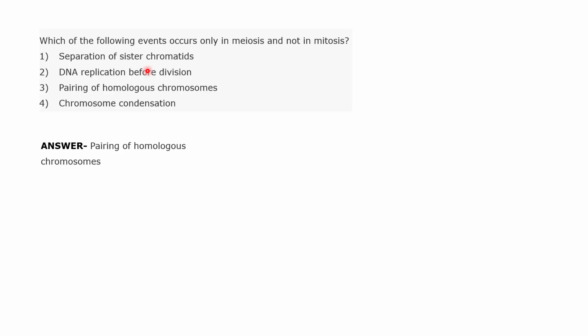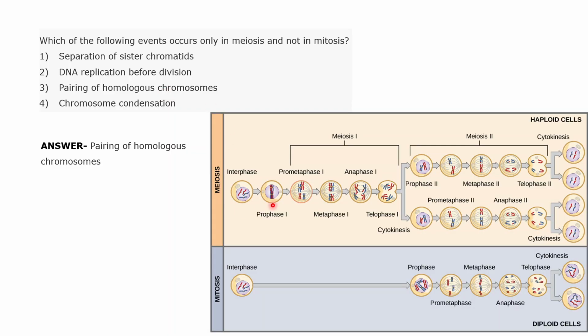Pairing of homologous chromosomes actually takes place in the prophase stage, right? Prophase 1 of meiosis, and it is not happening in case of mitosis. It consists of leptotene, zygotene, pachytene, diplotene, and diakinesis, right?